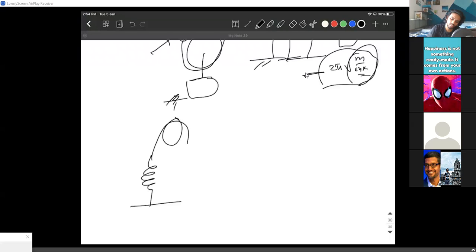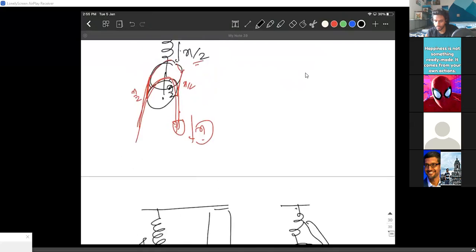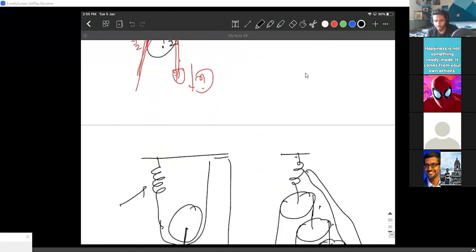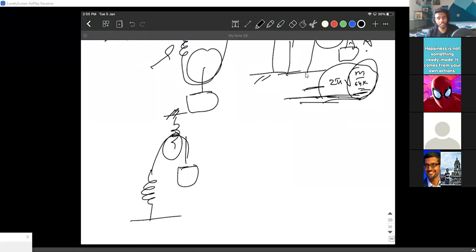Sir, for the previous one, the homework type where the block is downward and the double springs are up, the double spring one, I can't even try right now.